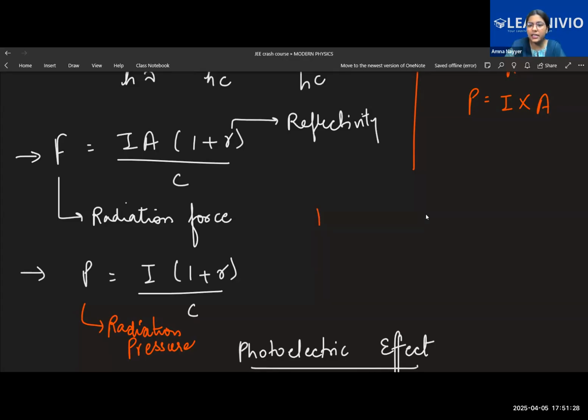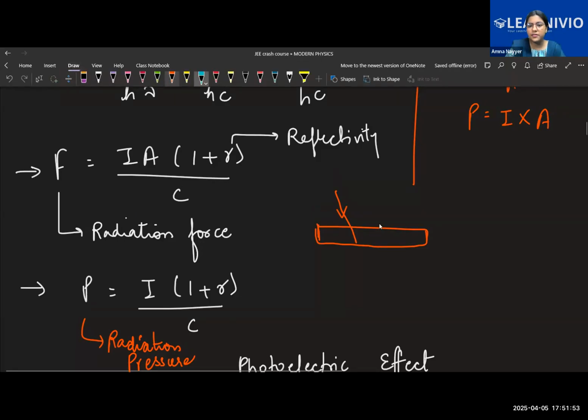See, I'm not going into the details of this because this is already a vast concept from your thermal properties of matter, class 11. Some things can be related with that because your black body absorption and all are related with the absorption of light. So when a light ray falls on the surface, three processes can occur. First is that the light ray can get reflected. So the process that takes place is reflection. For reflection, you can just remember a coefficient, reflectivity, is present to describe it.